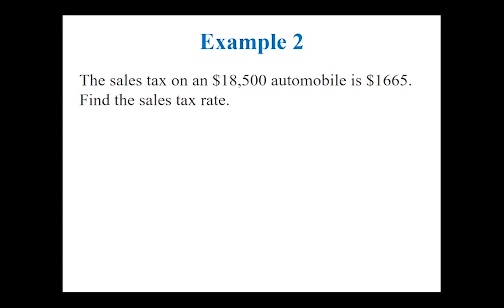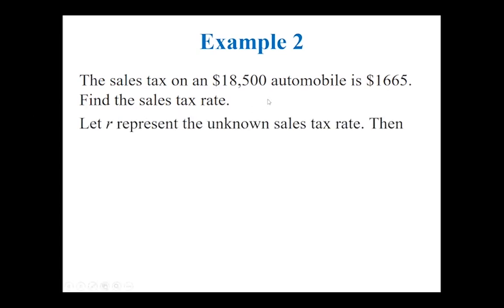Instead of us finding the sales tax, we are given the sales tax. We want to find the tax rate. So let's let R represent the unknown sales tax rate.